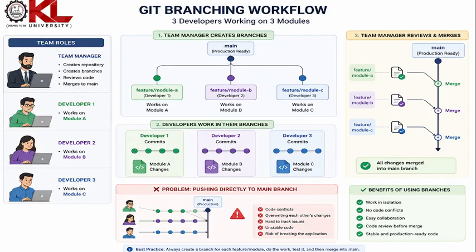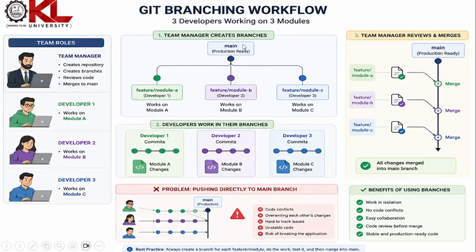That is the reason the team manager, instead of giving direct access to the main branch, will use the concept called branching. Now the solution is Git branching. The team leader will create separate branches, sub branches of this repository.